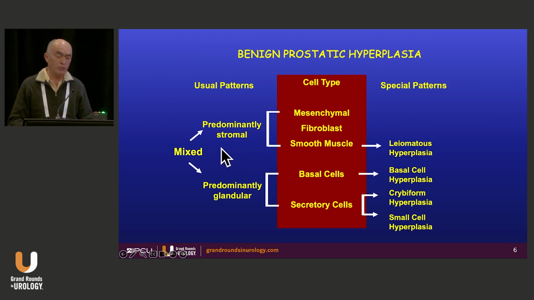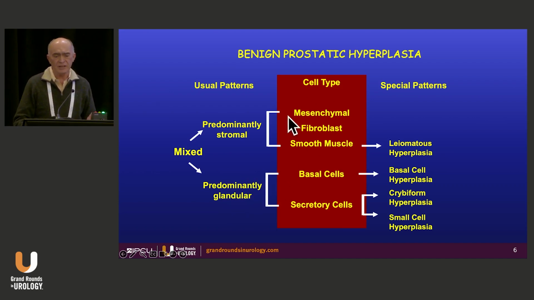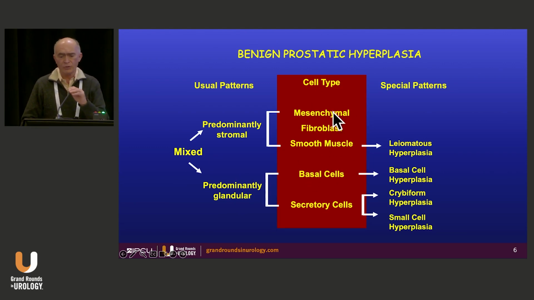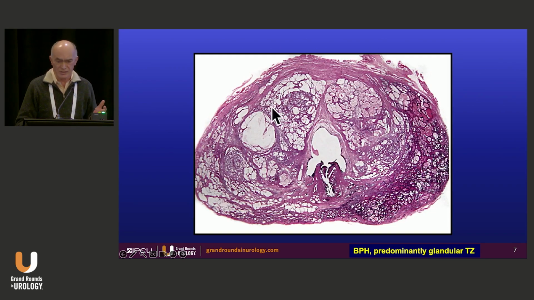There is really hyperplasia, the cells divide, there is no hypertrophy. The same happens with the glandular components, and any mixture with prevalence of one of those cellular components is going to give some subclassifications of what BPH can be, whether mostly secretory cells, basal cells, mesenchymal or smooth muscle.